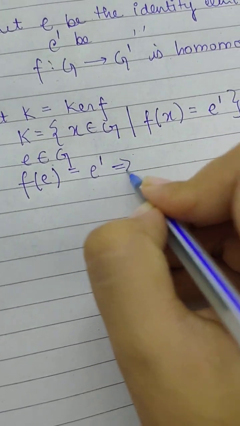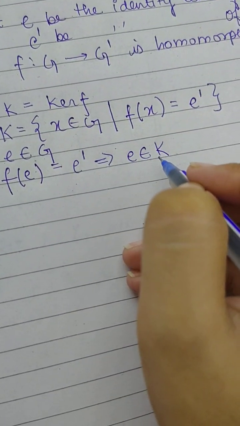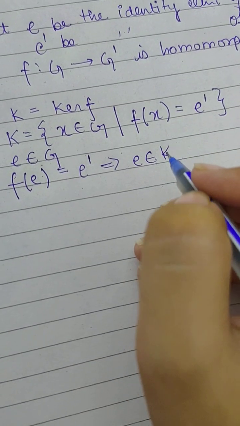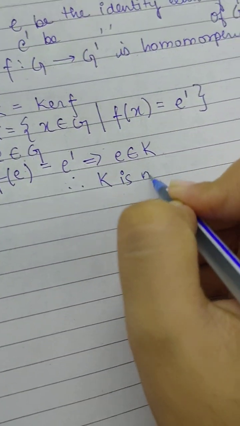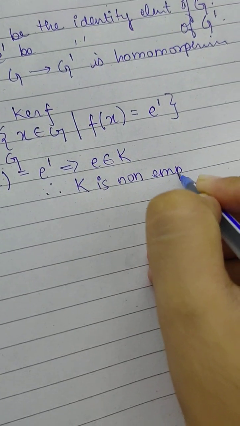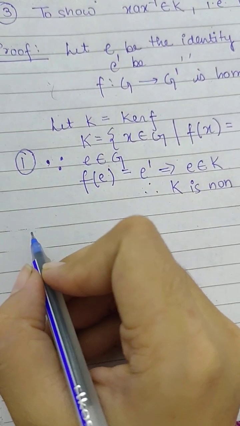So this implies e belongs to K. What e belongs to K shows is that K is non-empty. Okay, moving to the second step.